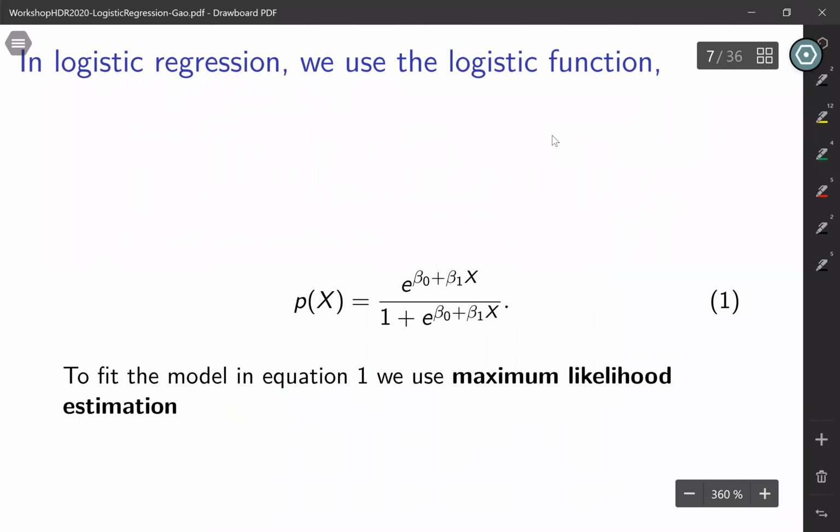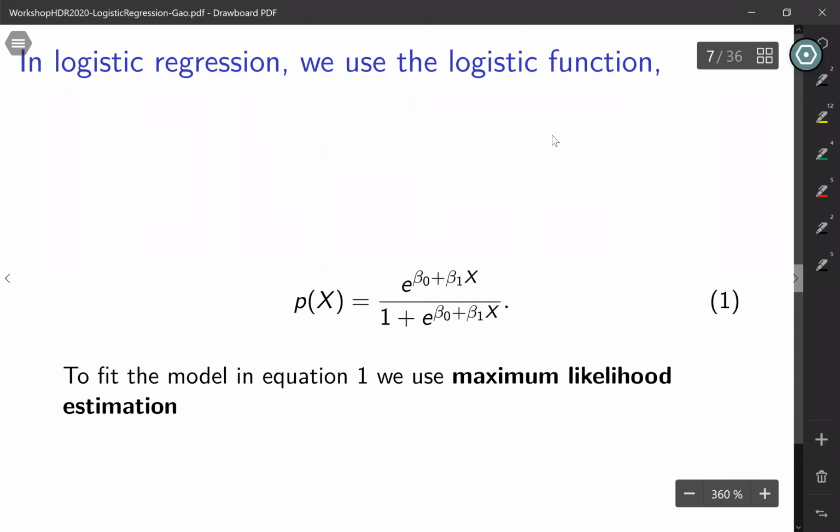So the logistic regression borrowed that logit function. We write the logistic regression in this format. The left side is a function, not the probability.